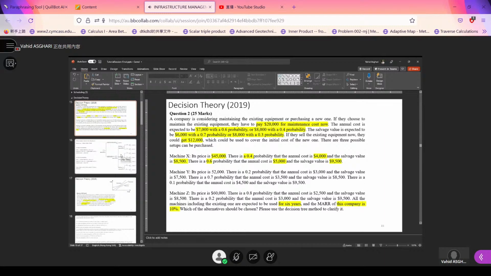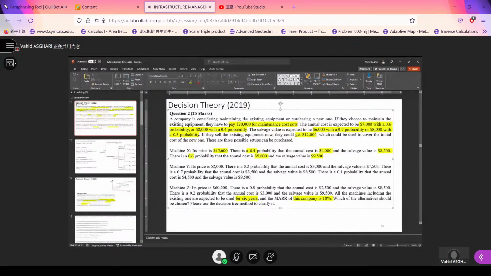So let's read the question and see what was in question two in 2019. A company is considering maintaining the existing equipment or purchasing a new one. Okay, we have two options.